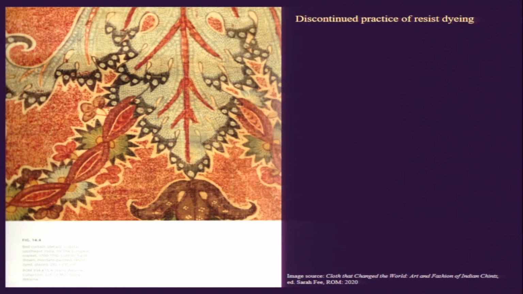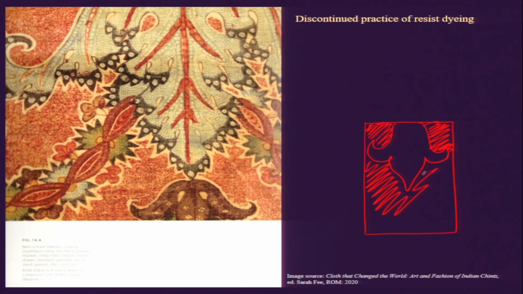So for example, there is a particular kind of material that would be used here for covering the rest of the area. If we consider this to be the textile and this is the area that needs to have indigo, then all these other areas need to be covered with wax, and that is how wax resist drawing starts.